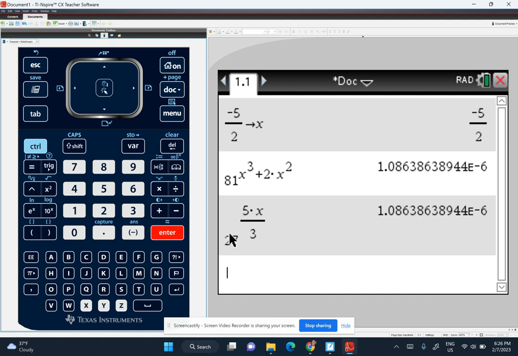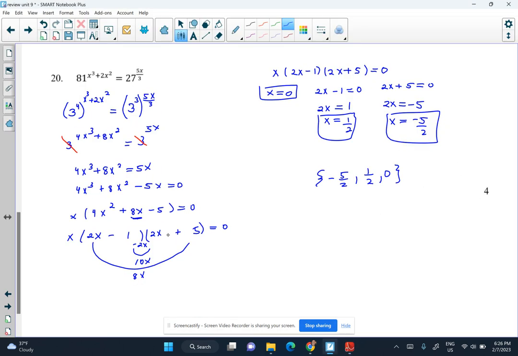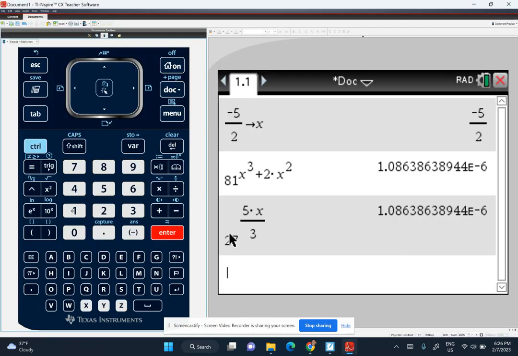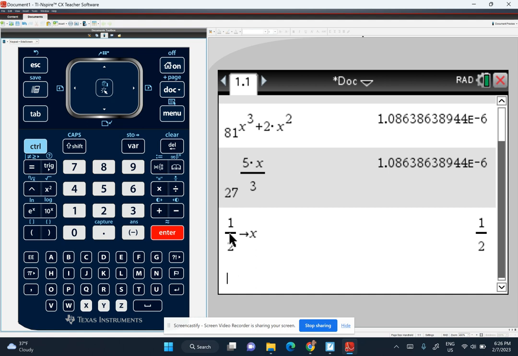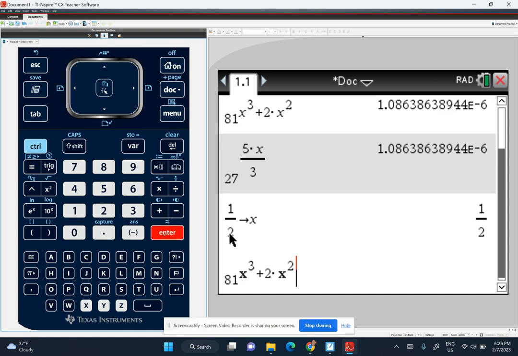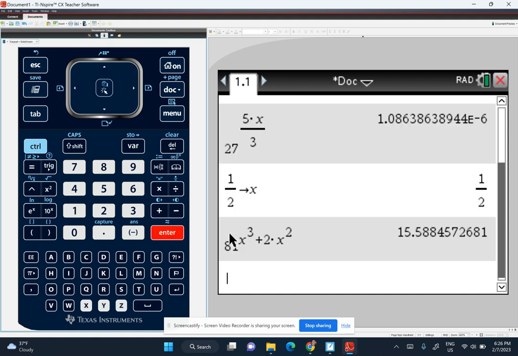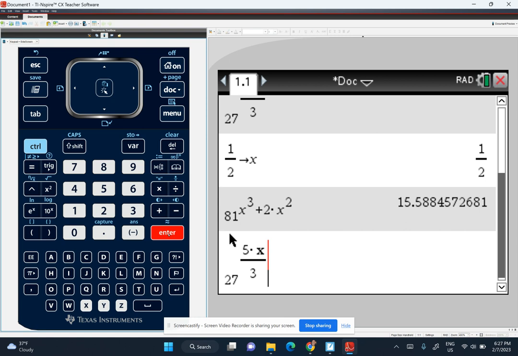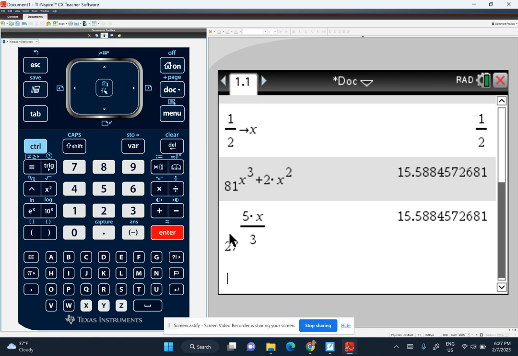We now want to try the other values. So one was 1/2 and one is 0. So 1 divided by 2, control store x. What I like about using the store feature is I can be a little lazy and just go to the expression that I already typed in and hit enter. Then I can go to the second expression and hit enter. And I see that matches.